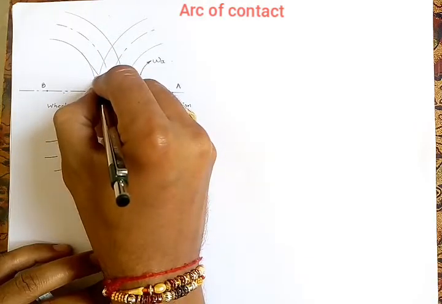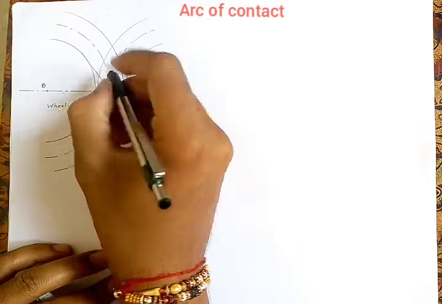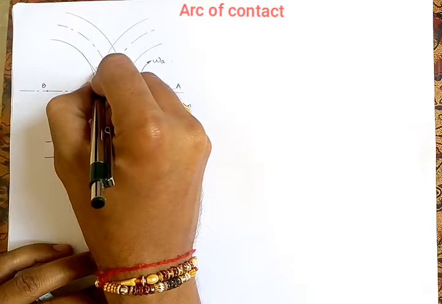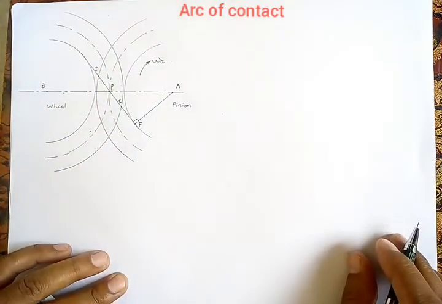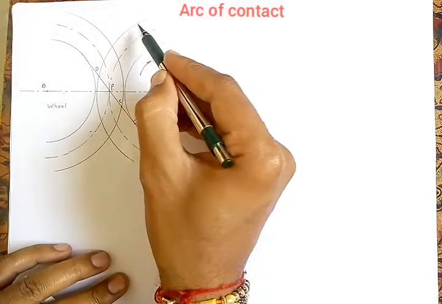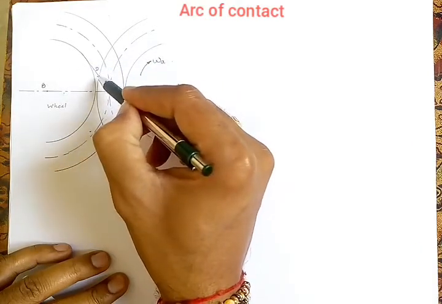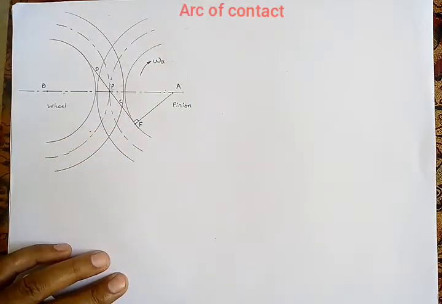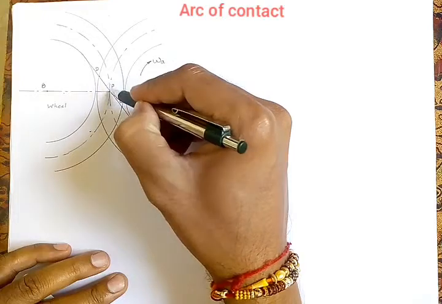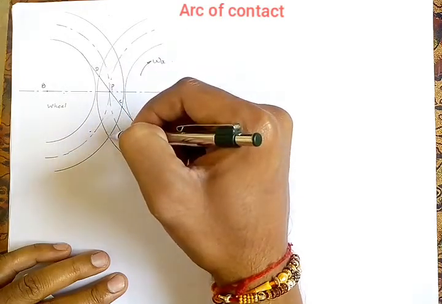So the contact breaks at point D, which is the point of intersection of the addendum circle of the pinion and the line of action. Now the angle made by the line of action with the common tangent is phi.